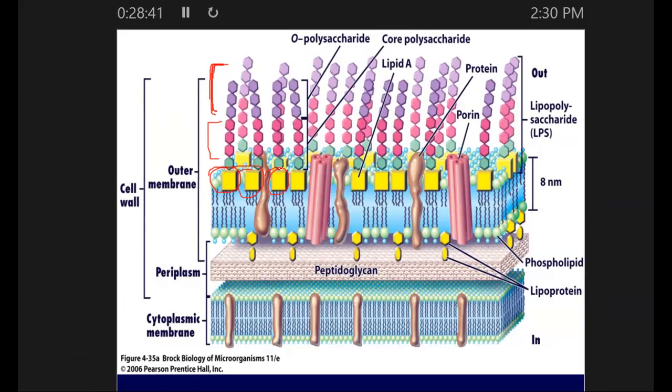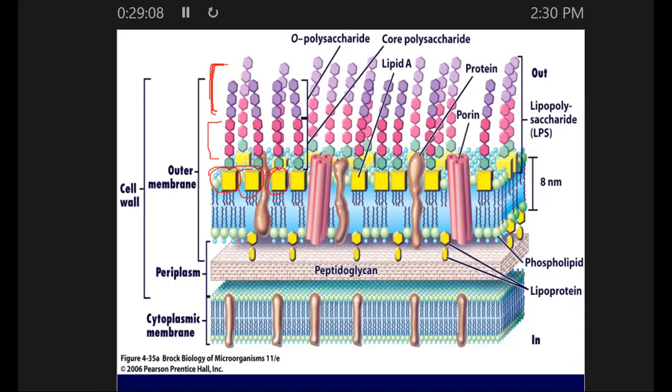So what I just described to you is the lipopolysaccharide. The O polysaccharide, the core polysaccharide, the linker, and then the lipid A. All of that is called the lipopolysaccharide. And so gram-negative microbes have that going on as part of their cell wall or cell envelope.